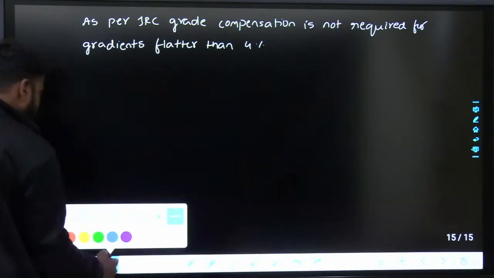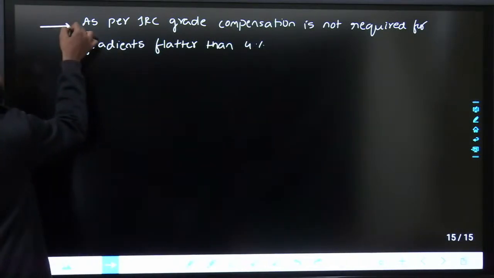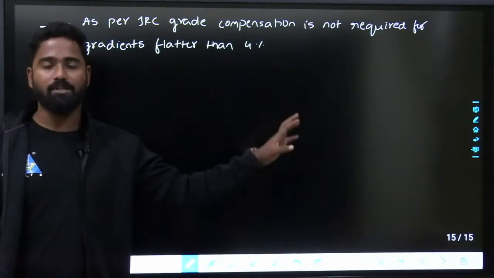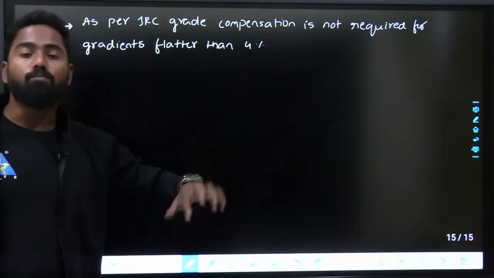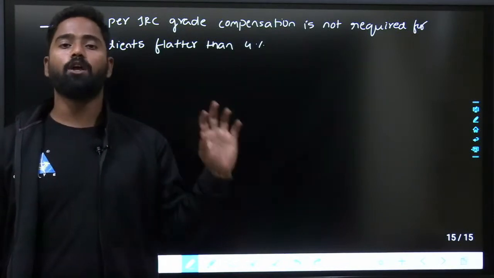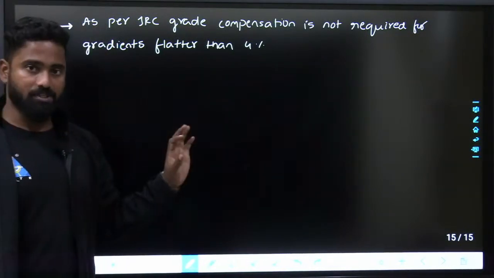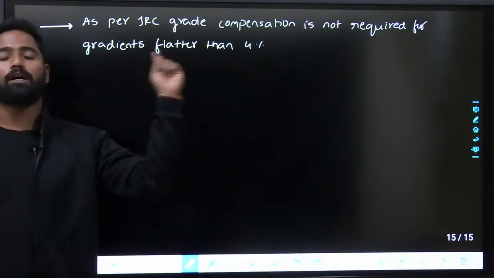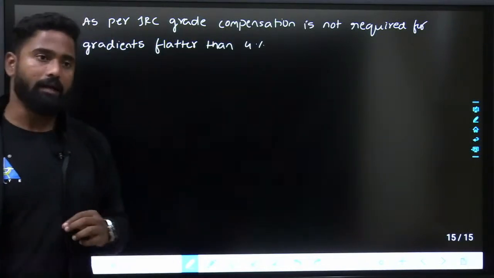That means if gradients are less than or equal to 4%, there is no need of grade compensation. You can keep only 4%. If gradient is more than 4%, then only you should go for grade compensation, and it is done when a horizontal curve is provided along with the gradient.